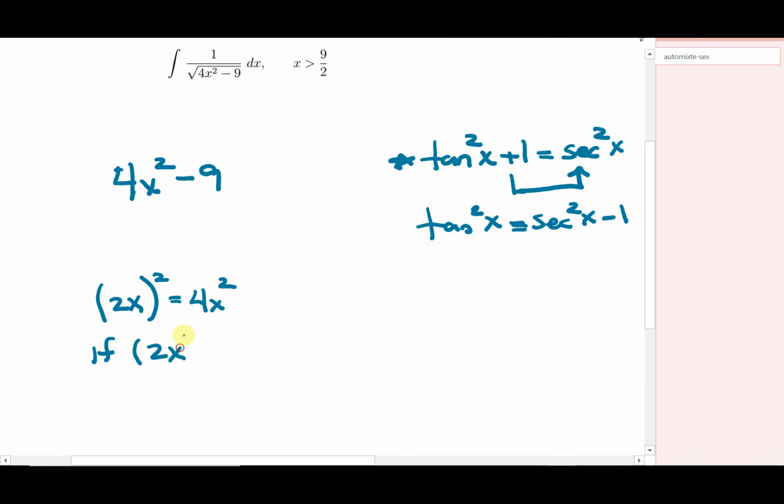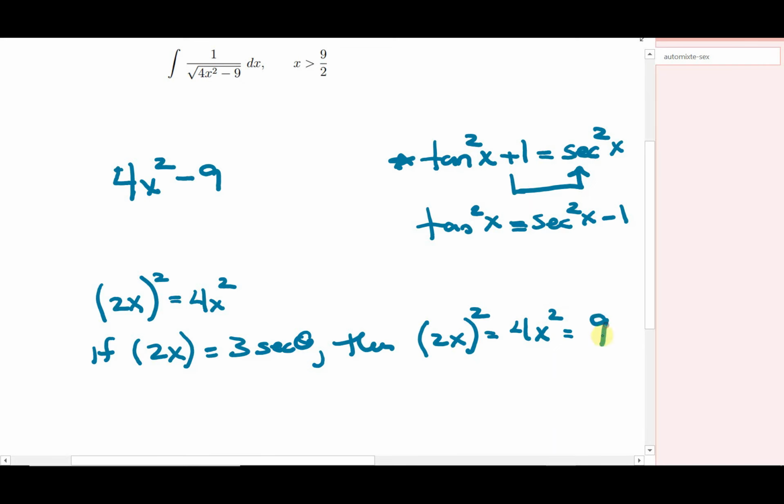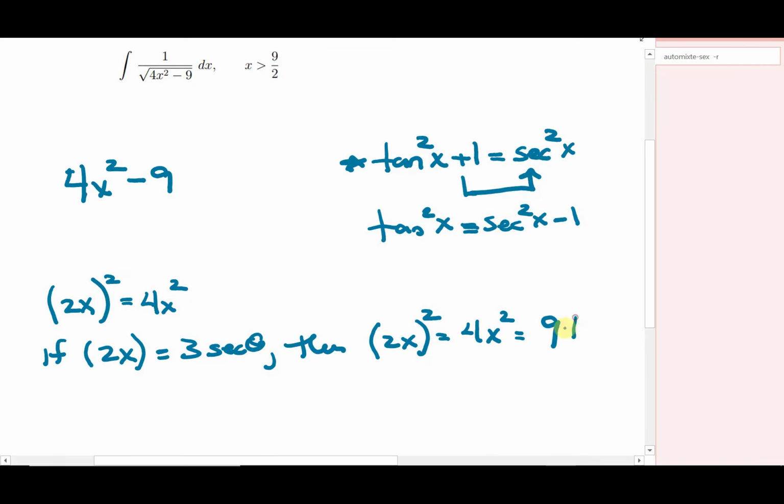So now what if we let 2x equal 3 secant theta? Then 2x squared, which is 4x squared, happens to equal 9 secant squared theta.